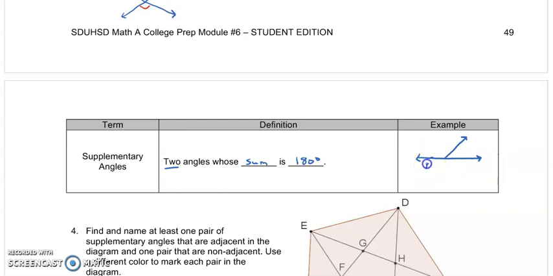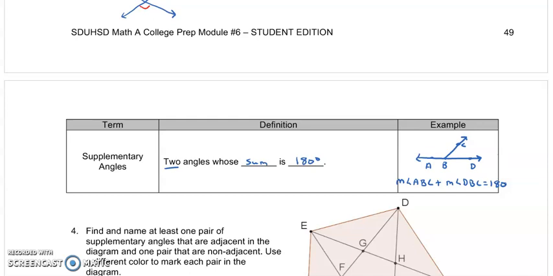So if I put some labels here, point A, point B, point C, point D, I can say that the measure of angle ABC, that's what that M stands for, that means I'm talking about the degrees, plus the measure of angle DBC equals 180 degrees. I can add those two up and put it equal to 180. Now, supplementary angles don't have to be adjacent.